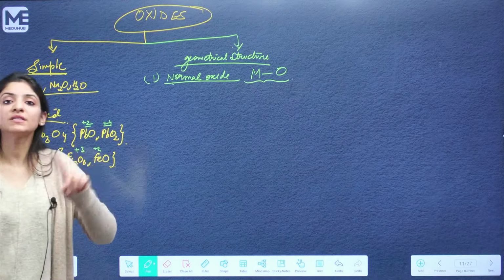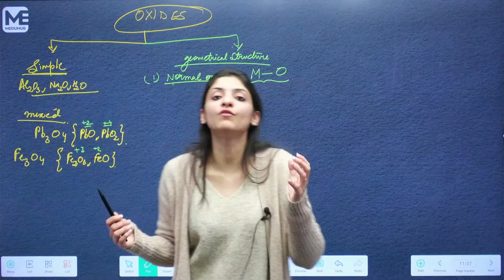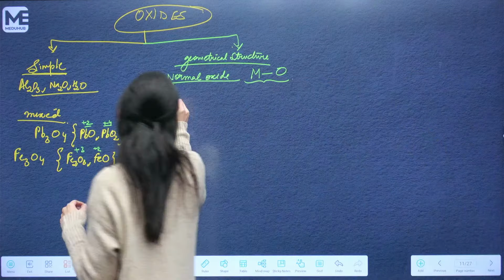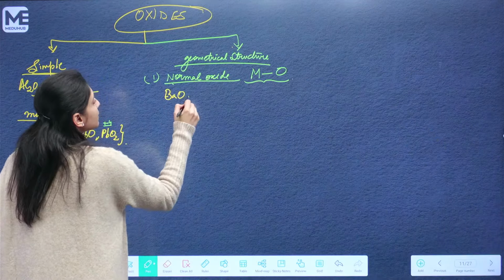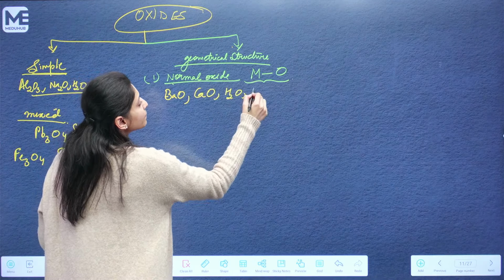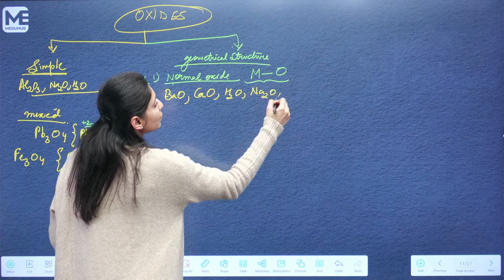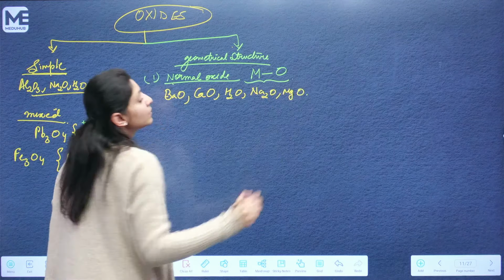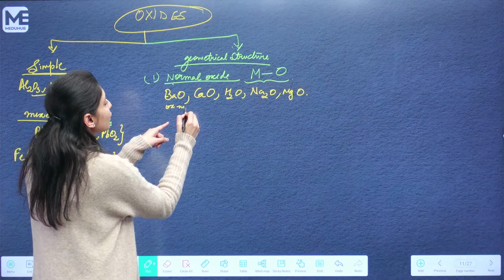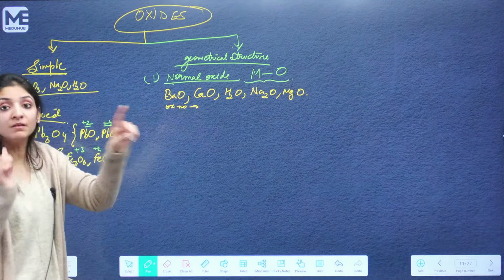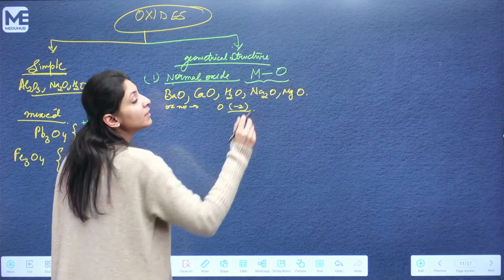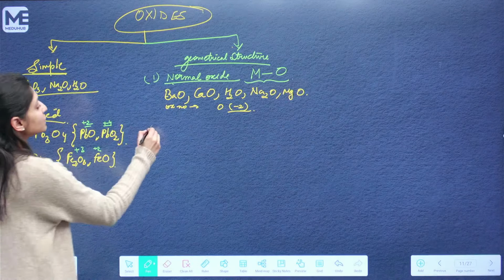Whatever oxides we have studied till now in the reactions of oxygen with metals and non-metals, all these are normal oxides: BaO, CaO, H2O, Na2O, MgO. Here you can find out the oxidation number of the metal or the non-metal by taking the oxidation number of oxygen as -2.